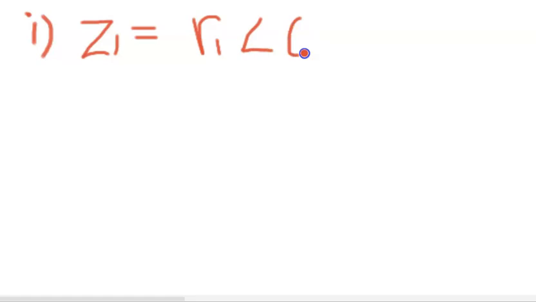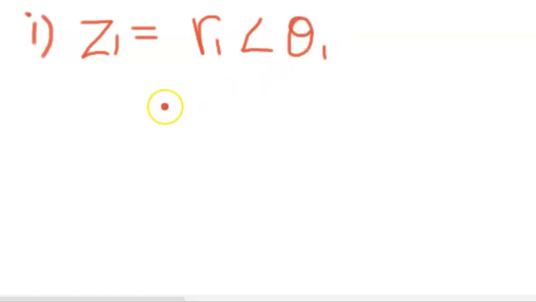Let's say we got a complex number in polar form, r angle theta 1. So let's say my complex number 1, this is my z1, is r1 angle theta 1.